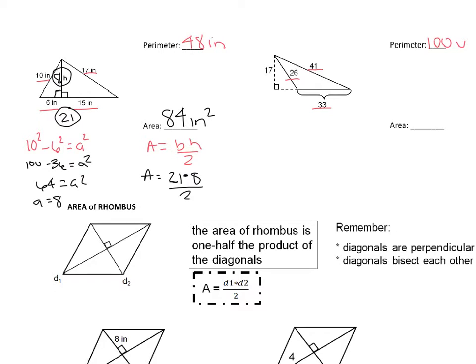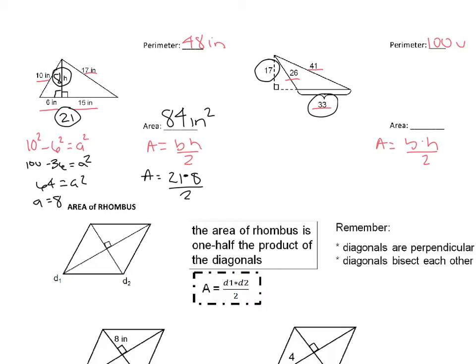Now for the area. Area is base times height divided by 2. So the base here is that 33, and we can see that the height is drawn here on the outside, and that's completely fine for this triangle. It's marked as 17 here.